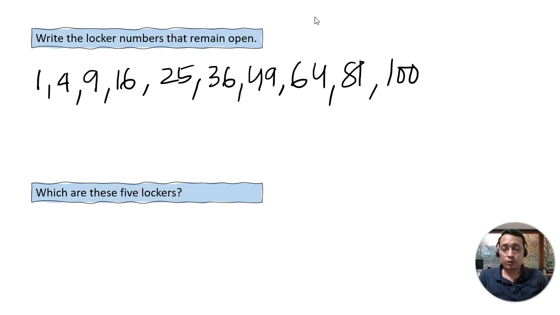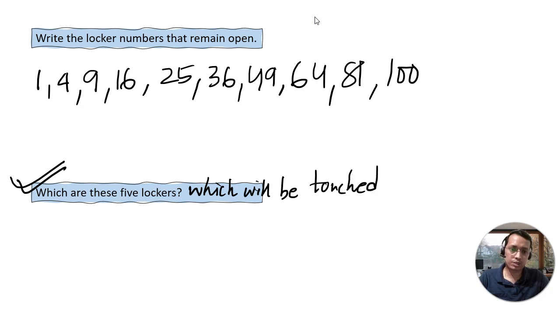Okay. So from these lockers, we got the code. What is the code? This is the code. The code says which are these 5 lockers which will be touched exactly twice.